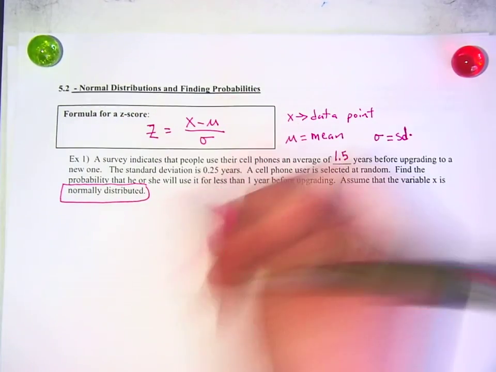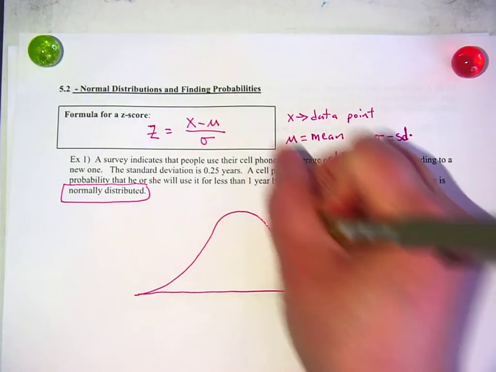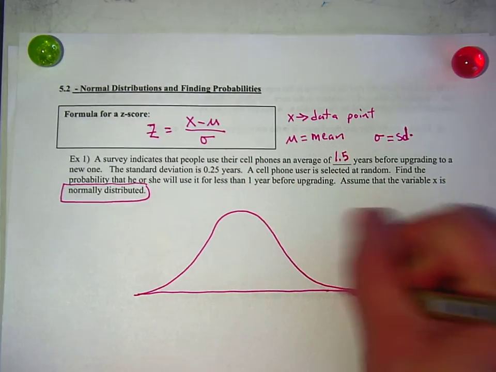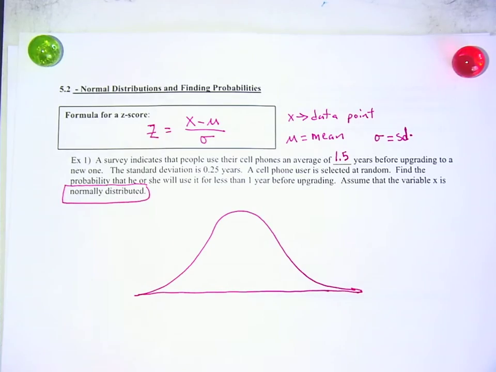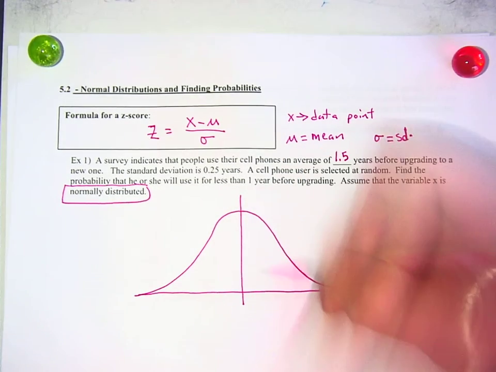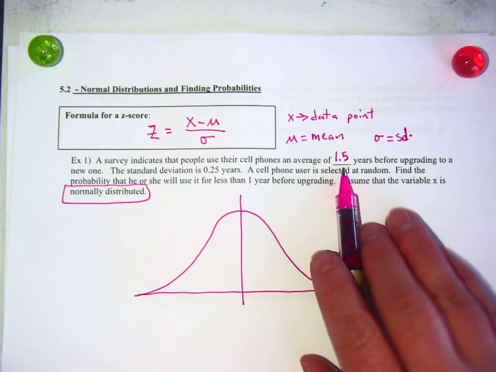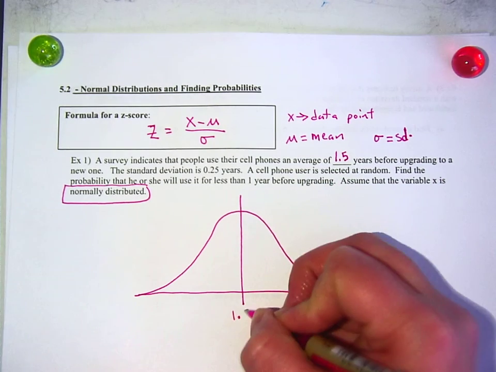Normally distributed means we're making a bell curve, so I'm going to draw a picture because it will help. This time, instead of 0 in the middle, because I'm not thinking about z-scores, I'm going to put in that 1.5, which is the average.